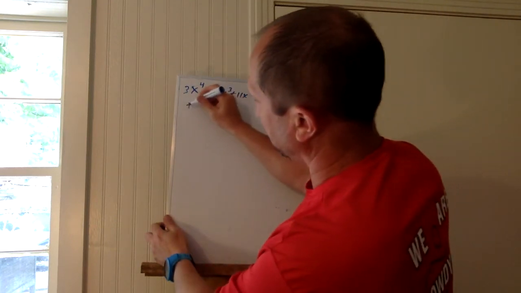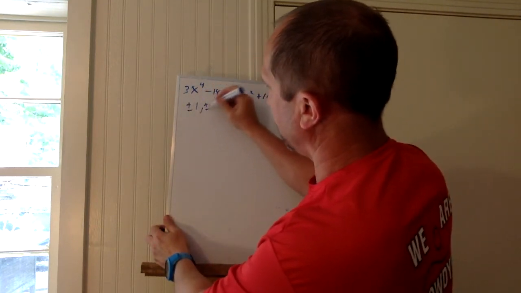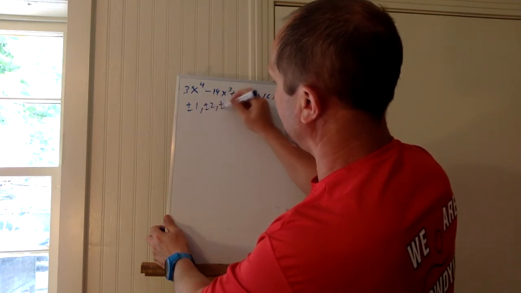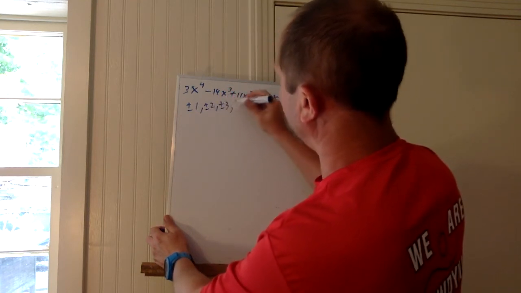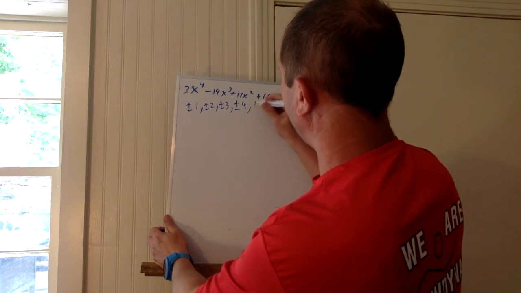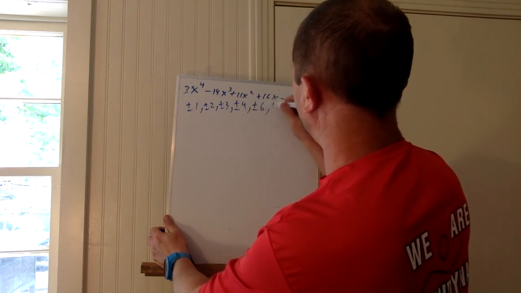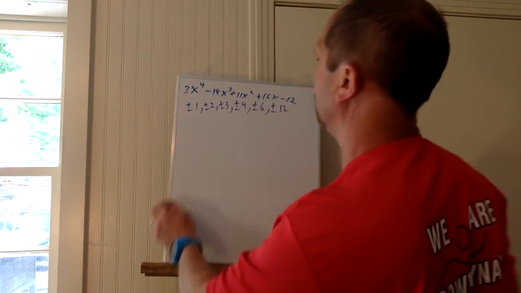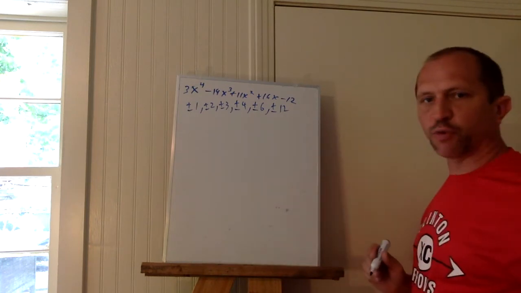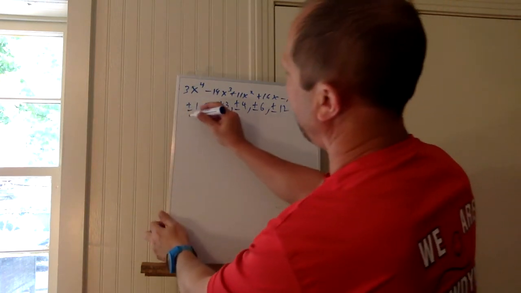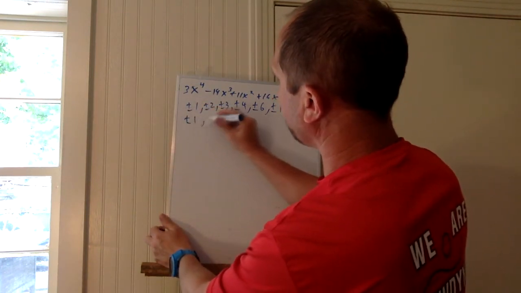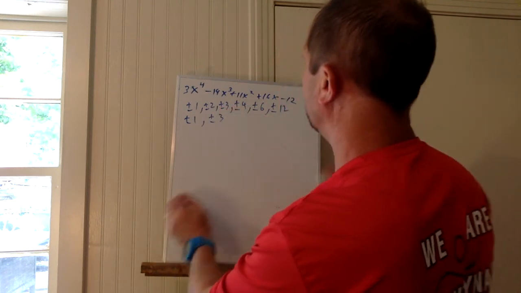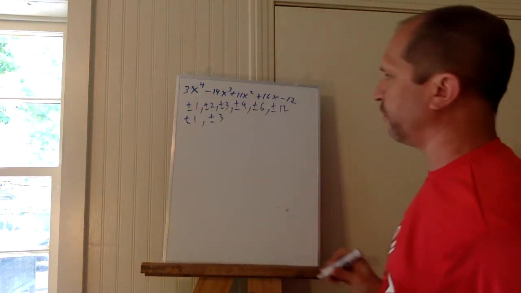So we're going to have plus or minus 1, 2, 3, 4, 6, and 12. All of those are factors of negative 12. And for 3, we have plus or minus 1 and plus or minus 3. Again, it's the constant over the leading coefficient.